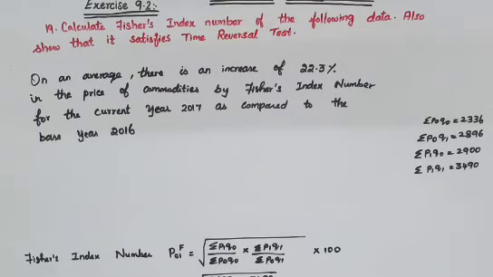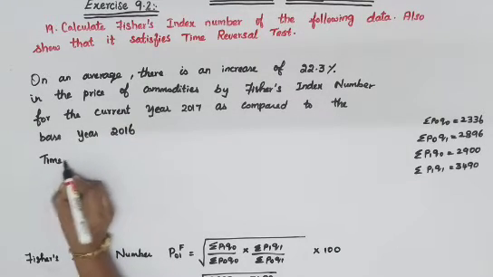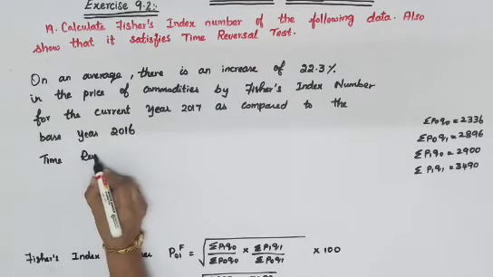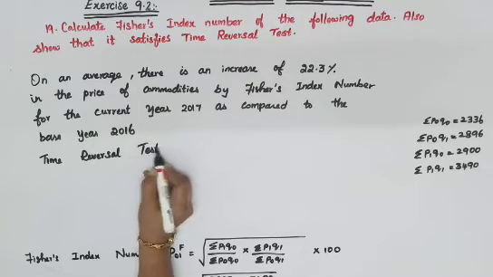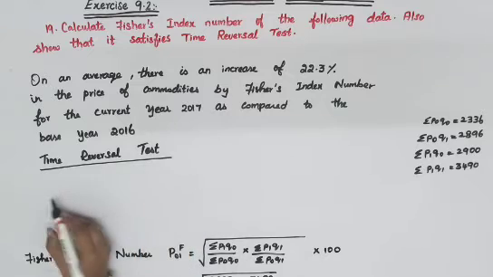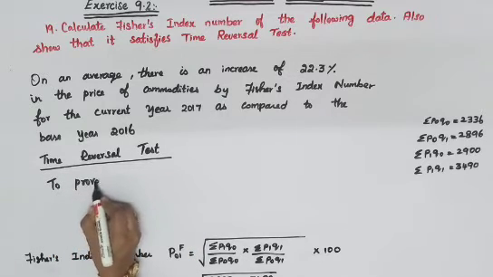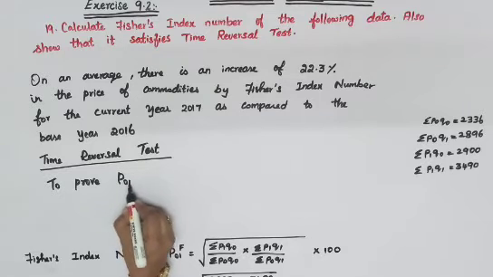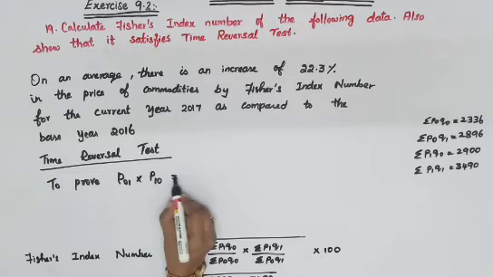So your second part is show that it satisfies time reversal test. Okay, so we have to check whether the time reversal test is satisfied or not. So for the time reversal test, what you'll have to do is to prove P01 into P10, the answer should be 1.